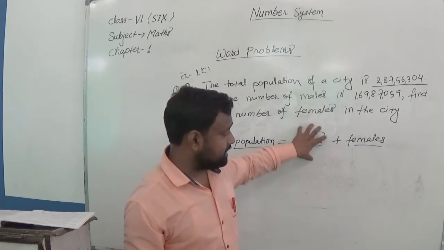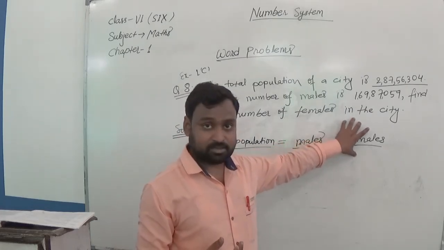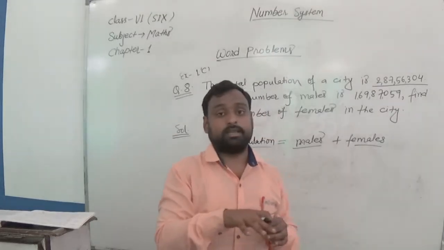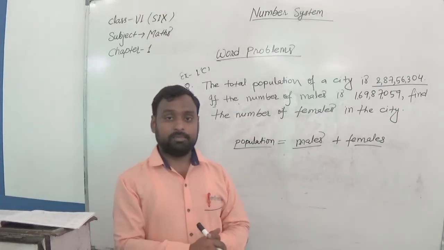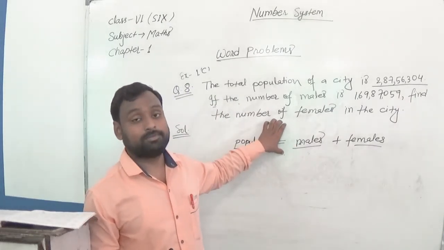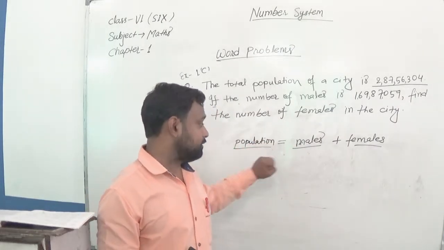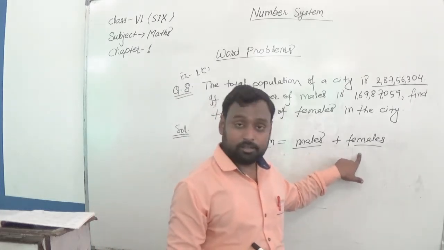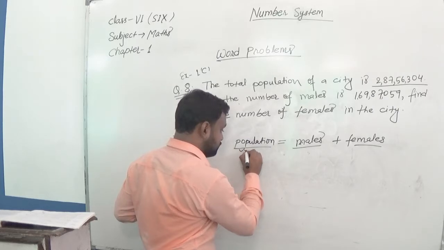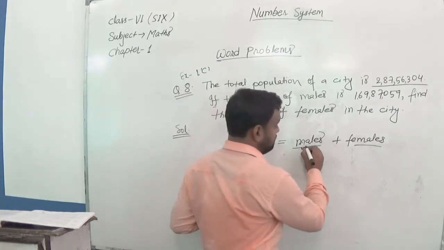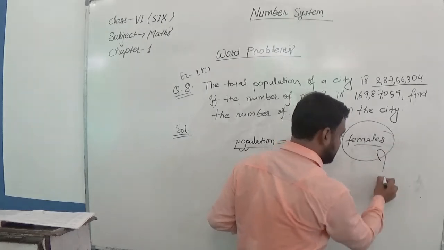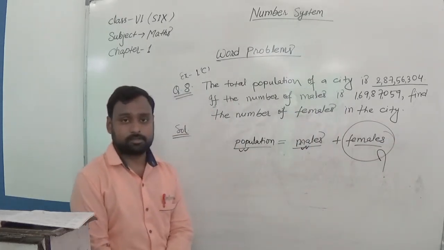The number of males and females living or dwelling in a particular limited area is called the population of that area. It means population equals males plus females. We are given the total population and the number of males, and we have to find the number of females.